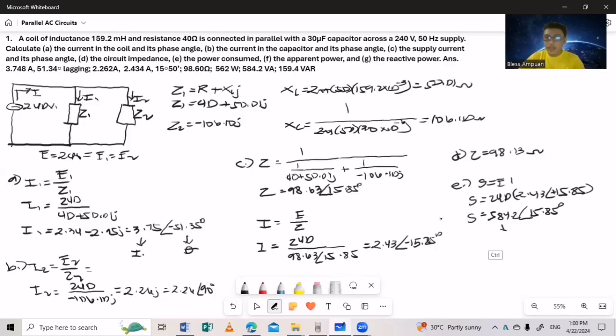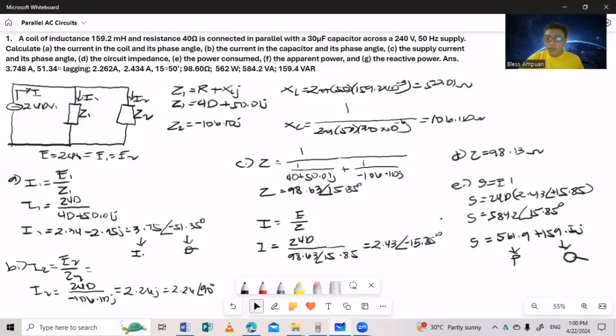If we convert this into its rectangular form, it equals 561.9 plus 159.5 J. So this is our true power and this is our reactive power.